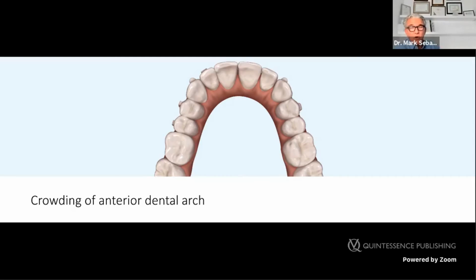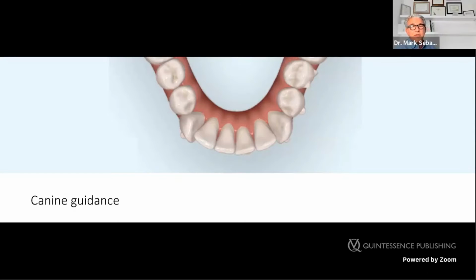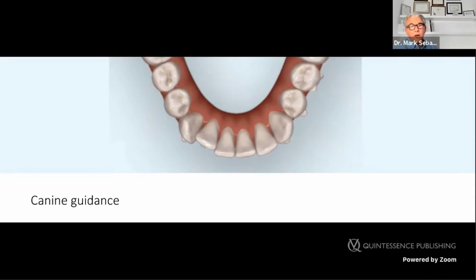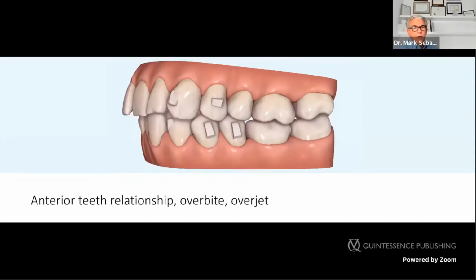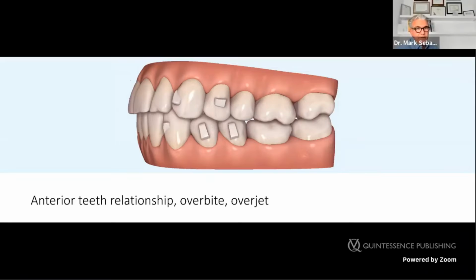Everybody is now talking about airways. For sure, this is an interesting way to change the airways, to give the tongue more space. We can change the canine guidance and also widen the lower. We can change the overbite, overjet, and take the pressure off the joint.